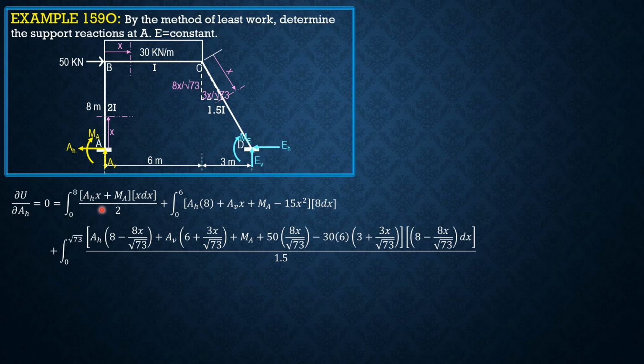So integrating the first part, the value is 256 AH over 3 plus 16 MA. This one is equal to 384 AH plus 144 AV plus 48 MA minus 8640.